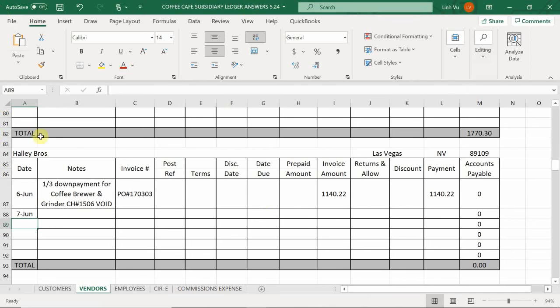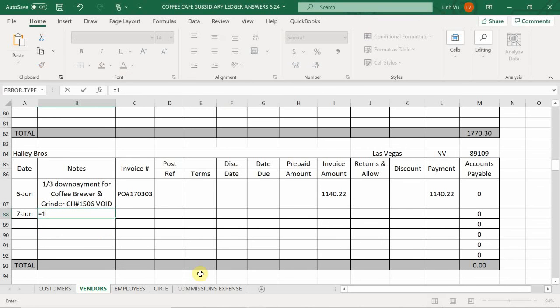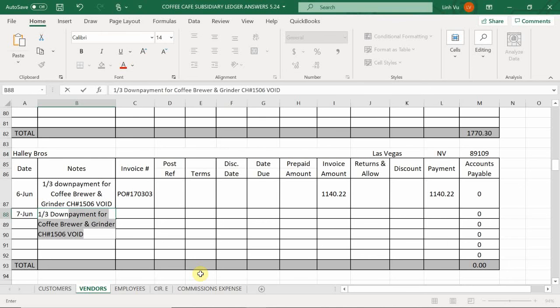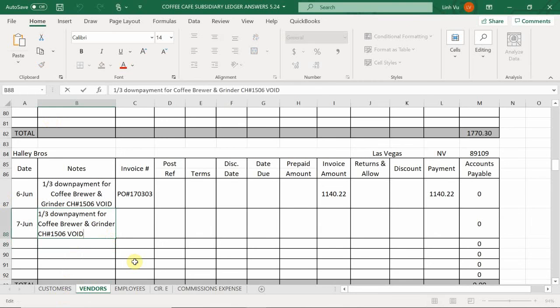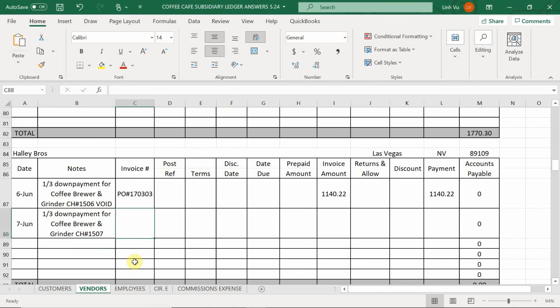In this case, I wrote that I voided it right here. But I'm still going to put in the same information up here. I'm still going to say this is 1/3 down payment. The only difference here is I wrote check number 1507. The difference between the first one and the second one is the first one says I voided it. I voided this transaction, which means this transaction ceased to exist.